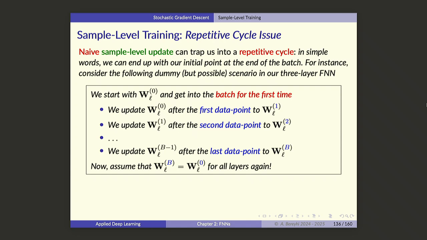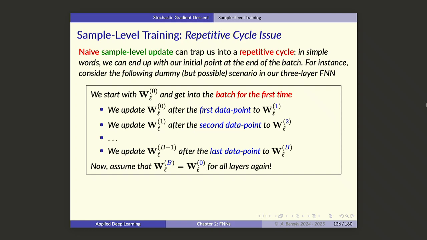How can we get rid of it? Any idea? Exactly. Why should I start with exactly the same data point? Before I start again, I just shuffle everything, right? If I shuffle everything and start again, then the point that I start with is not the same as the first sample I started with last time.